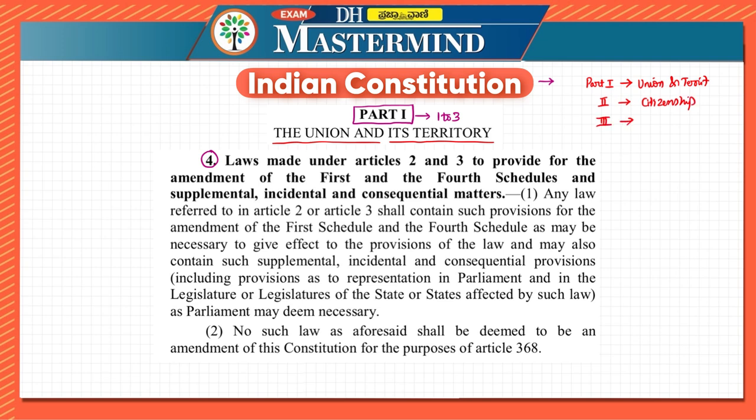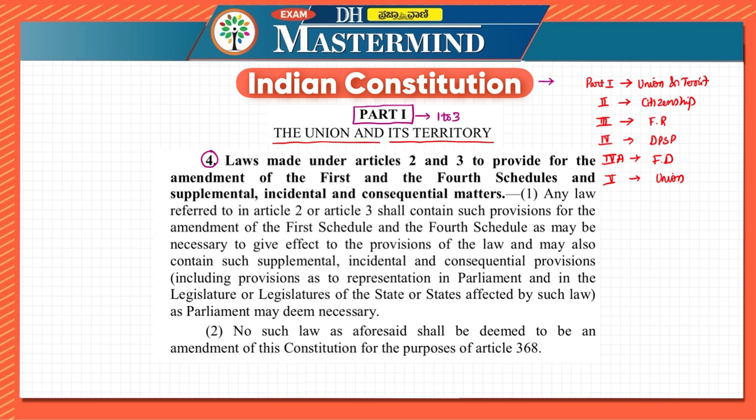Part 3 is related to fundamental rights. Part 4 is related to directive principles of state policy or DPSP. Then there is part 4A, which is related to fundamental duties. Then there is part 5, which speaks about the union.